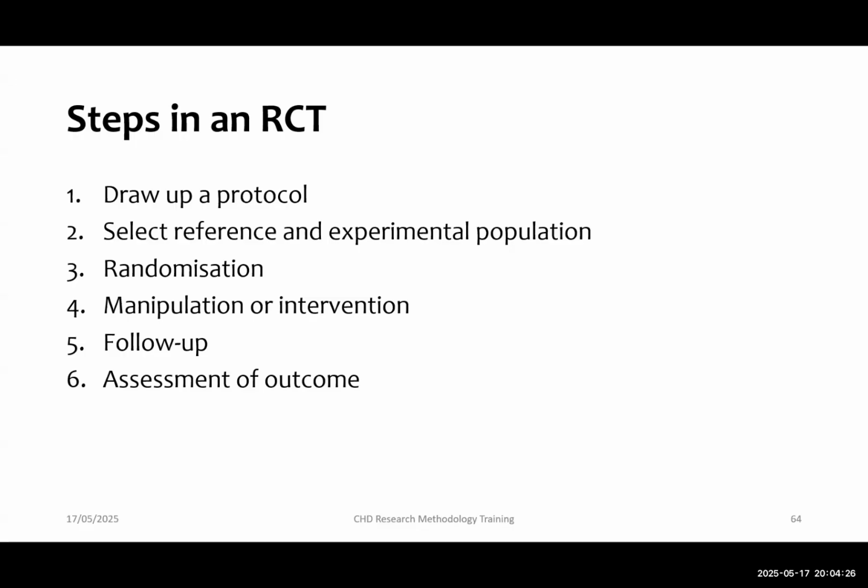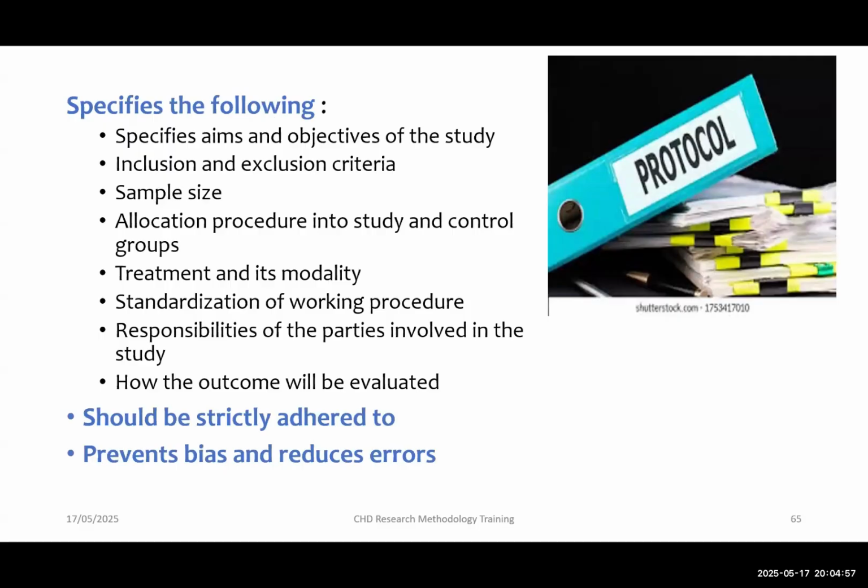The control group will get either the placebo or the current standard of care. Then you follow them up over time, and the two groups must be comparable. At the end, you want to measure the blood pressure to find out whether it is controlled better by the new drug as opposed to the placebo or old drug. That's basically the steps in doing your randomized control trial.